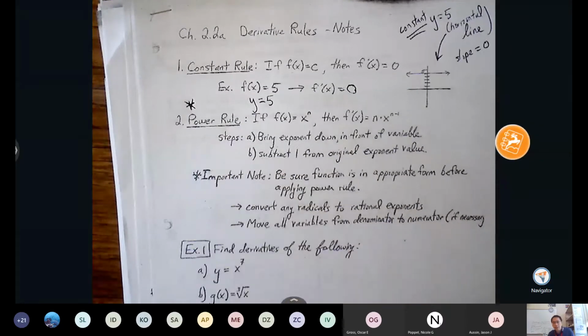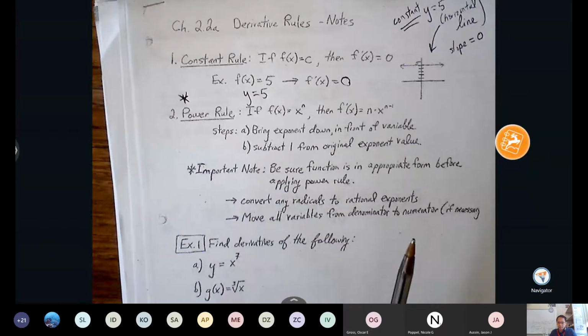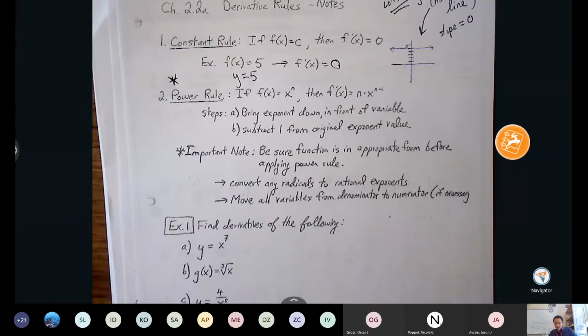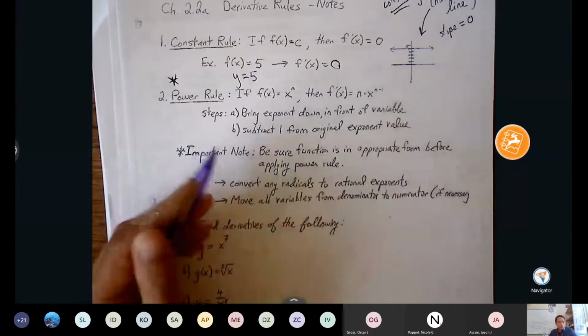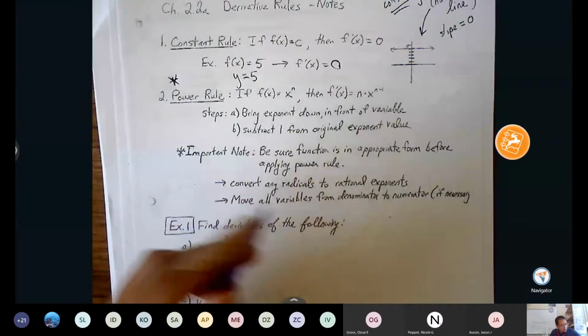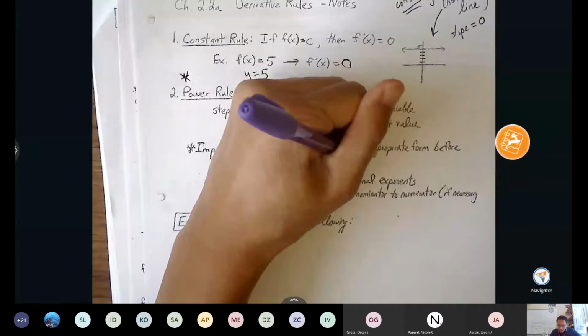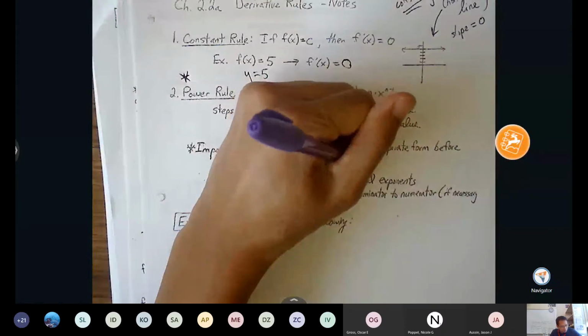If it's not in the correct form, we may do power rule that is not really representing the derivative or the slope formula. So we need to make sure that all of our conditions are met before we apply power rule.